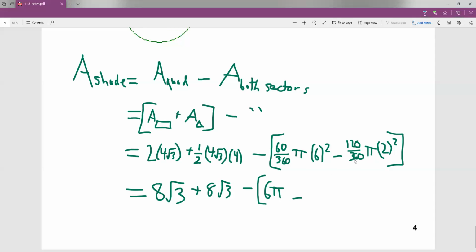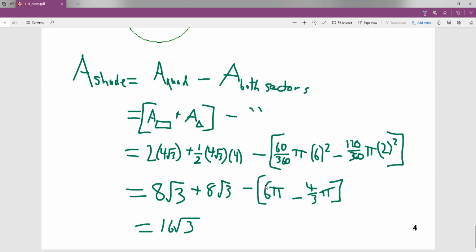Minus 120 divided by 360 is a third. So a third times 2 squared pi, that's going to be 4. So this is going to be 4/3. And then simplifying it in the end, this is going to be 16 root 3.